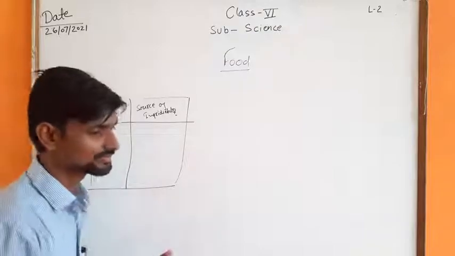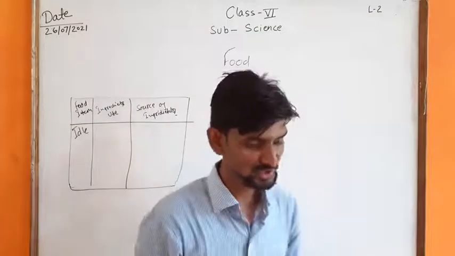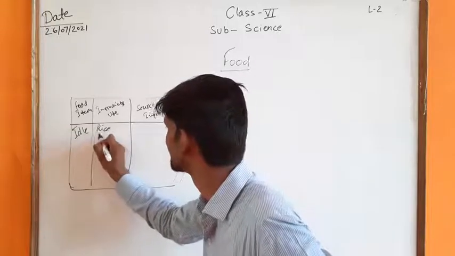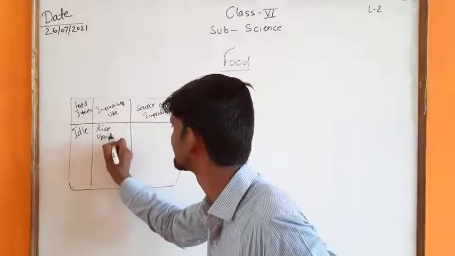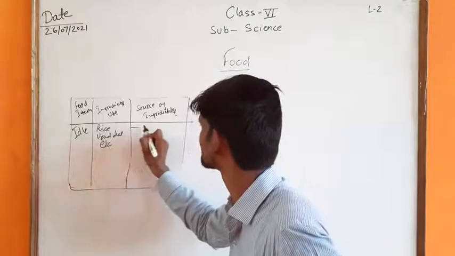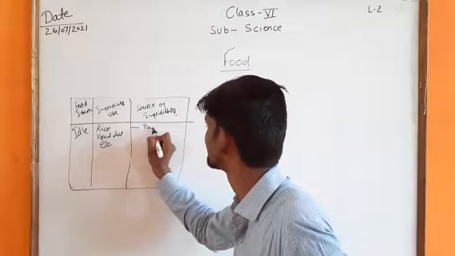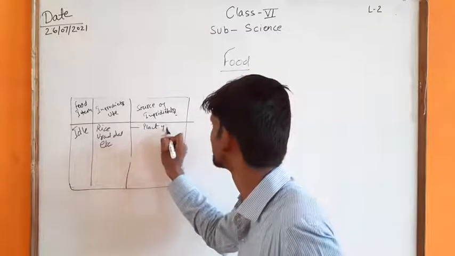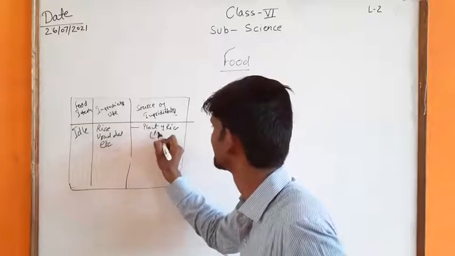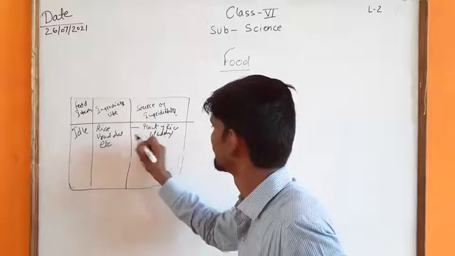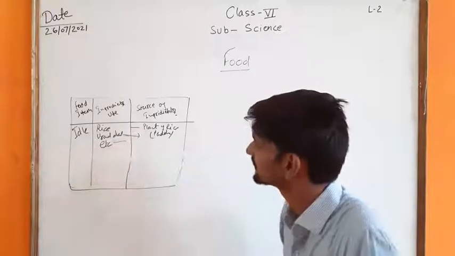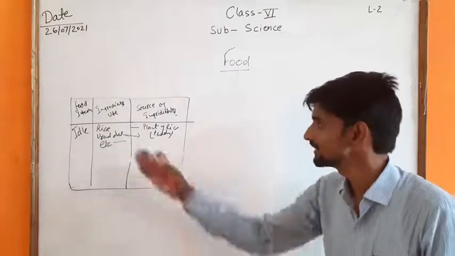What kind of ingredients do you use? Rice, urad dal, etc. For rice, the source is the plant of rice, you can write here paddy, and like this you have to write the source of the urad dal and so on.